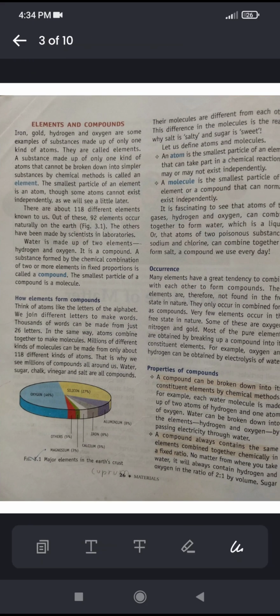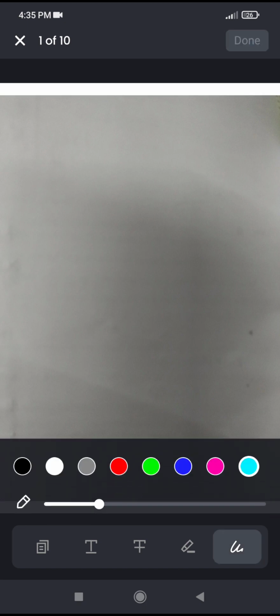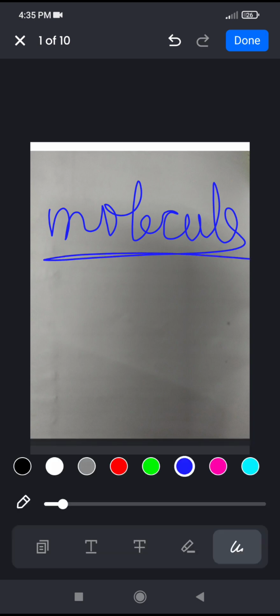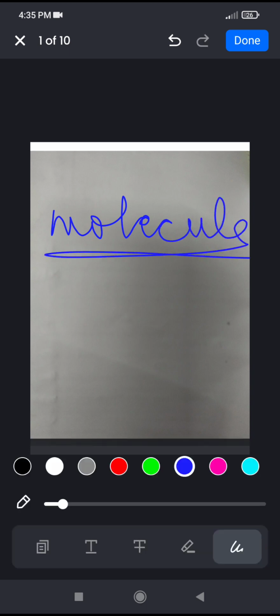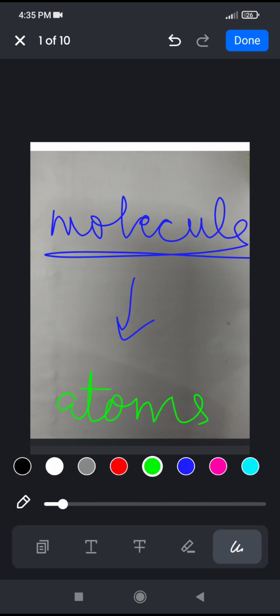Now what are they saying? In the same way, all these molecules are made up of atoms.